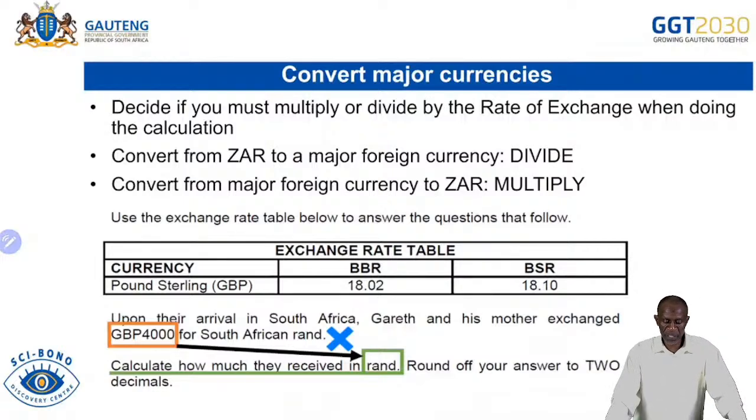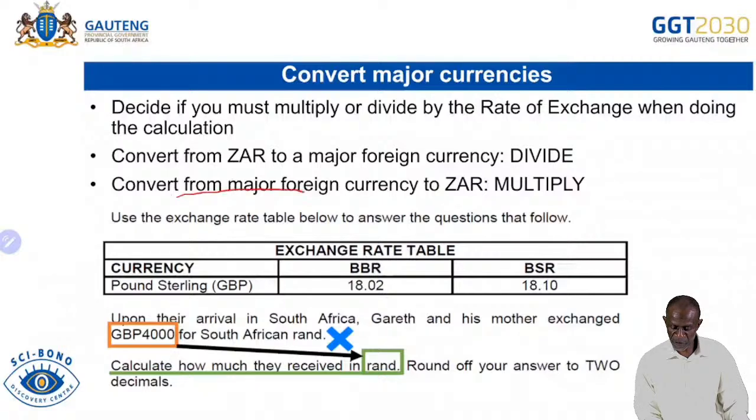So back to the question at hand. Upon their arrival in South Africa, Gareth and his mother exchanged 4,000 British pounds for South African rand. So if we go back to the rule, if you convert the major foreign currencies to South African rand, you always have to multiply, as the symbol indicated here.